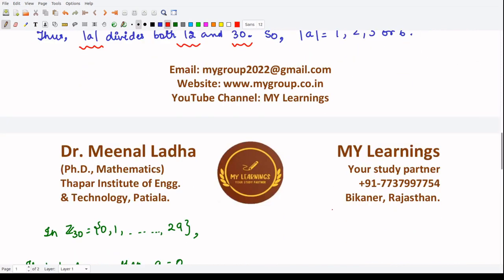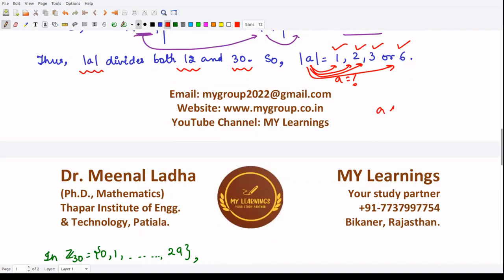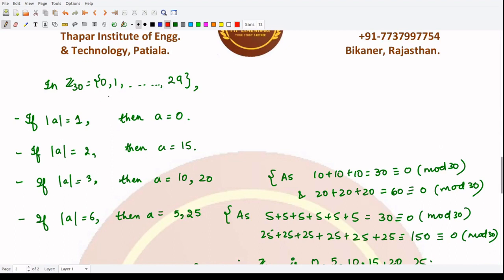So therefore in this case, what is the element A? We know the order of this as 1, 2, 3 and 6. So which possibilities are present here for A in Z30? We know the members present in Z30 are 0 to 29, right? So if the order of A is 1, that means A has to be 0, correct?